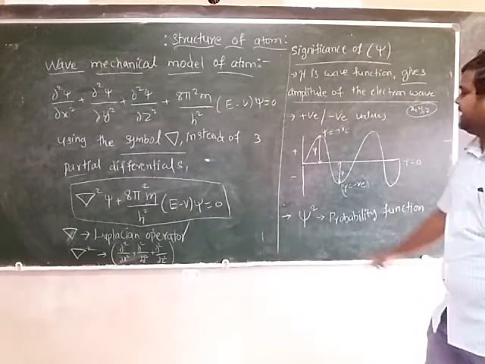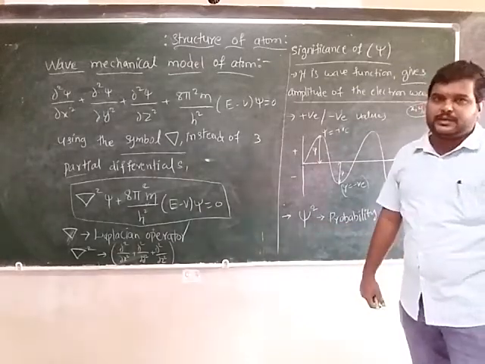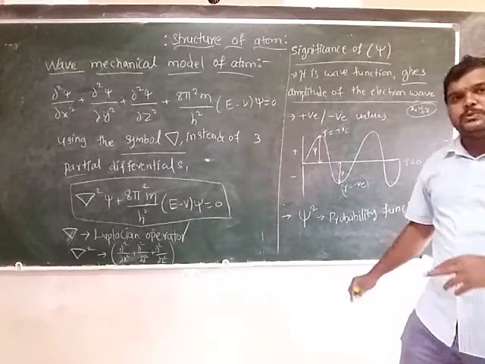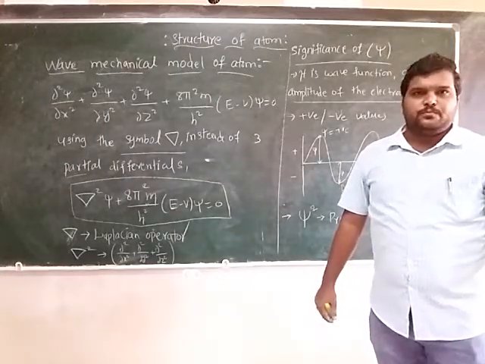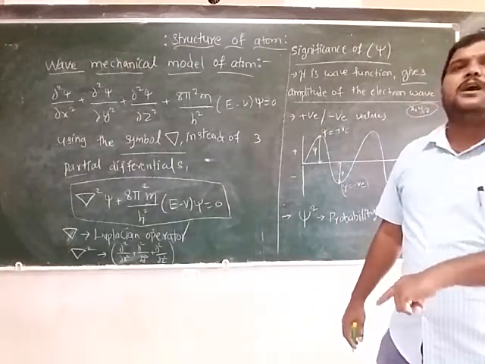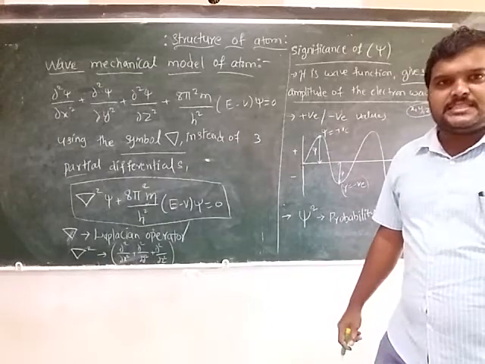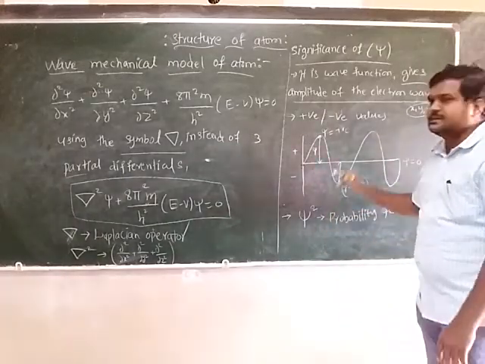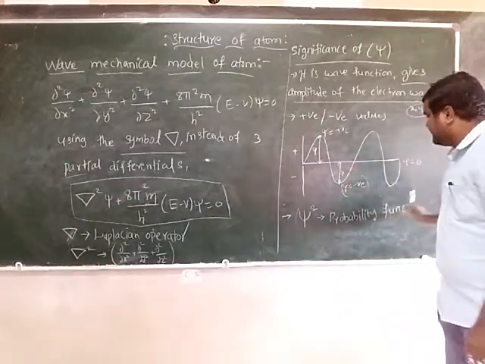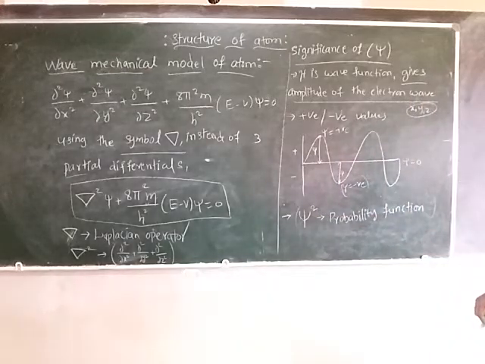If you take psi into psi, that becomes psi square. Even negative into negative becomes positive. So the probability is always positive.